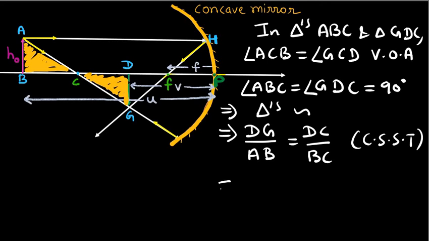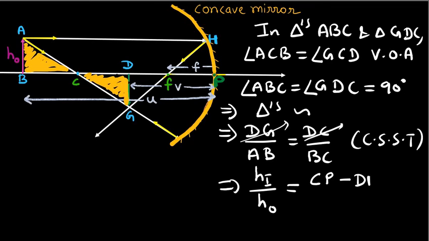From the diagram, DG is the height of the image and AB is the height of the object. And DC is CP minus DP. Have an eye on the diagram to understand this difference.